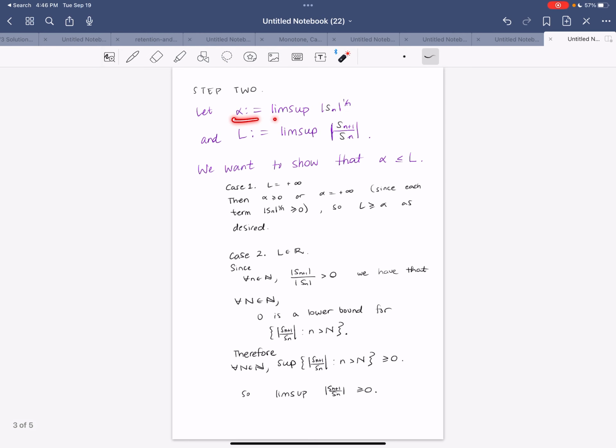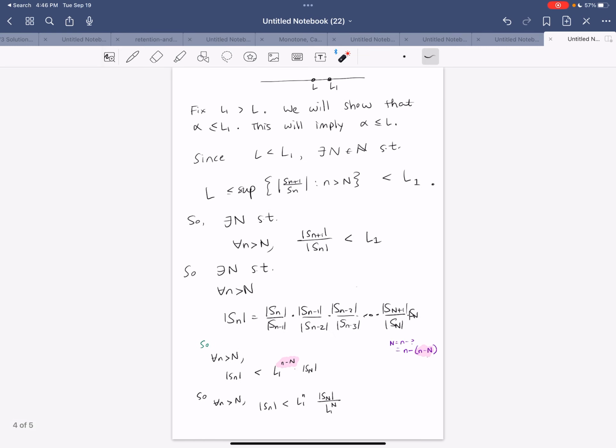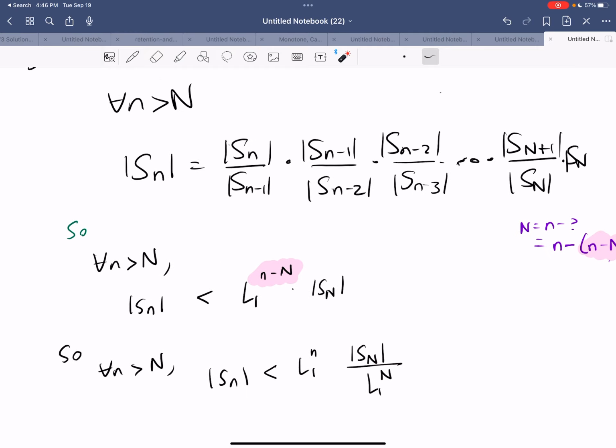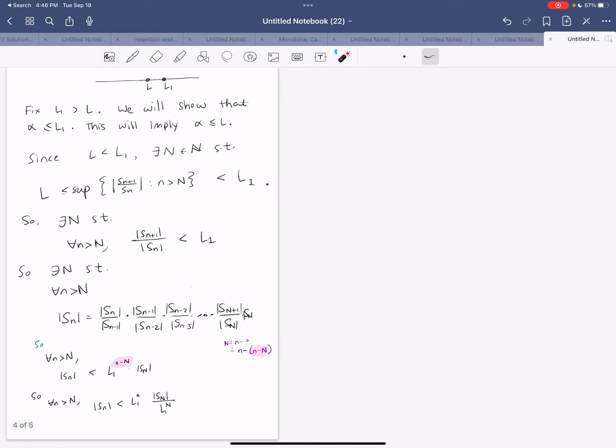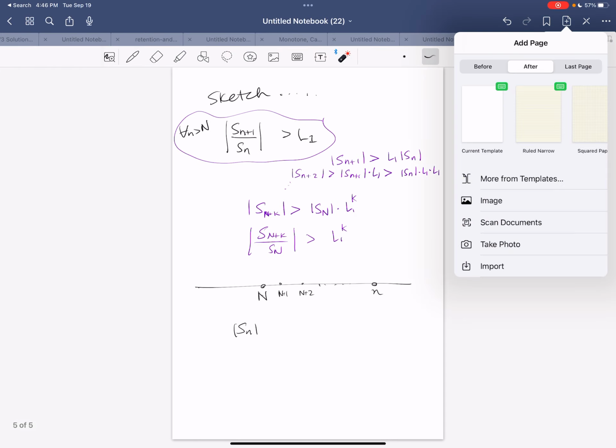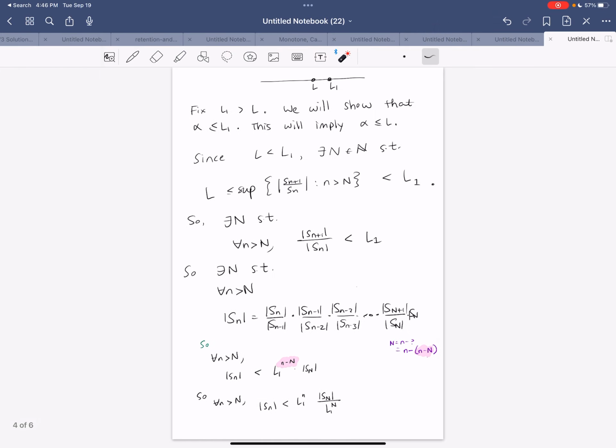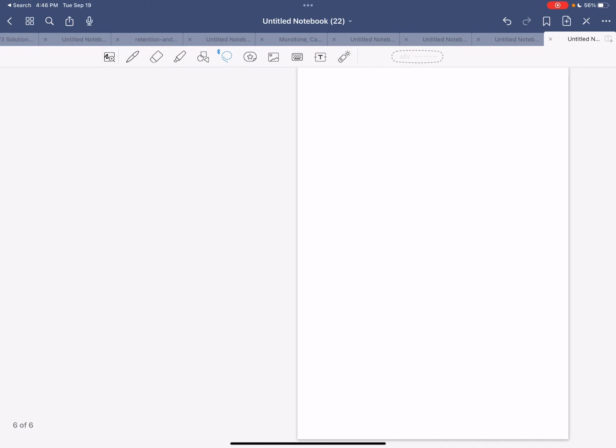Alpha is looking at the limsup of the nth root of the absolute value of Sn. So I've got absolute value of Sn is less than this. I need to take the nth root. Luckily for me, this will be an increasing function. So I'm going to take the nth root of both sides of this inequality.